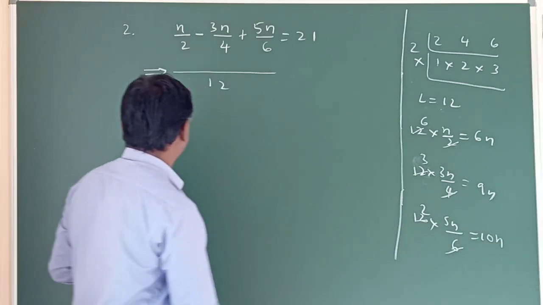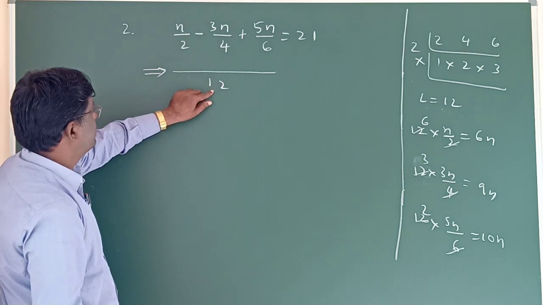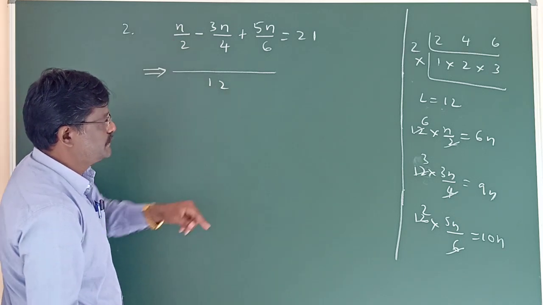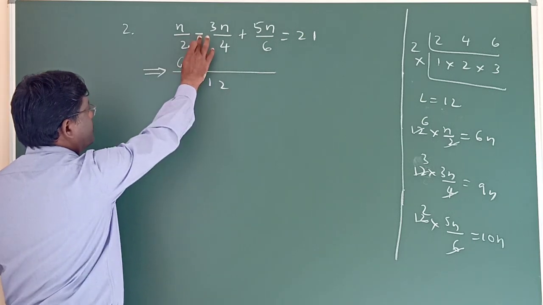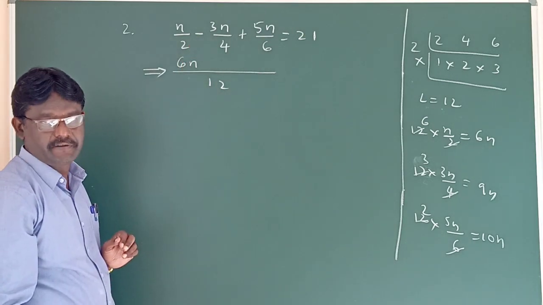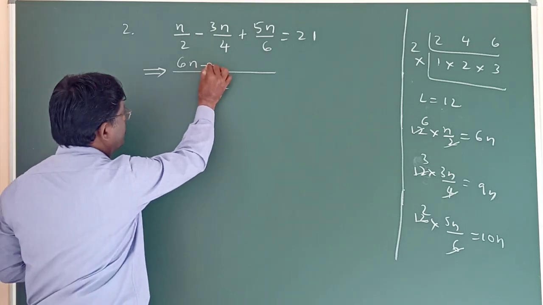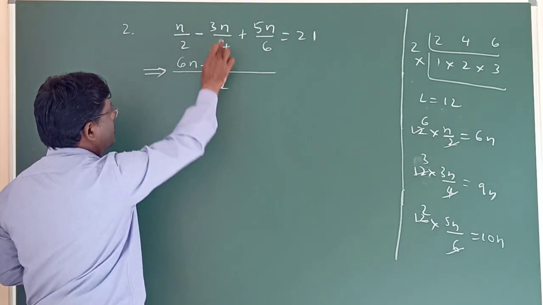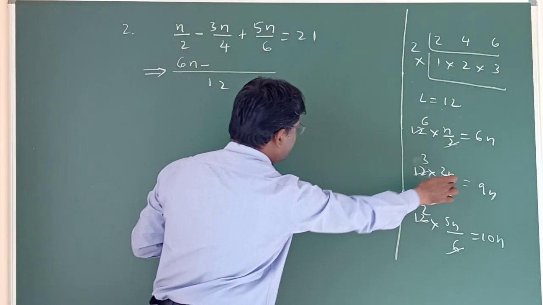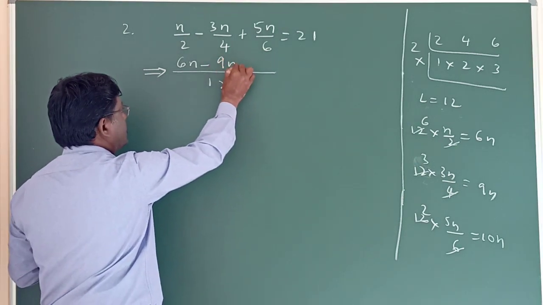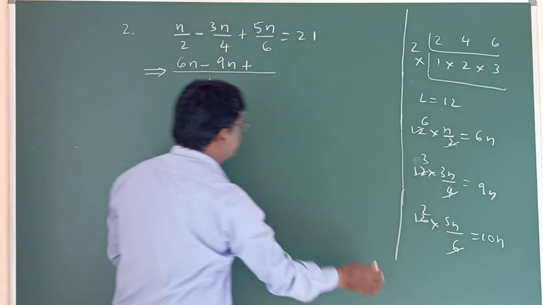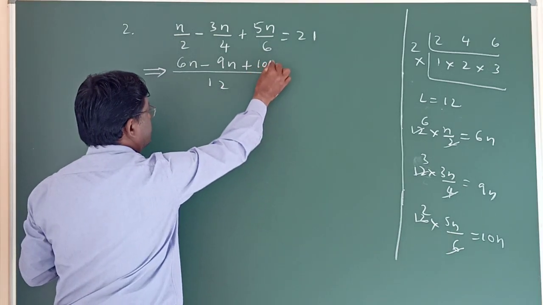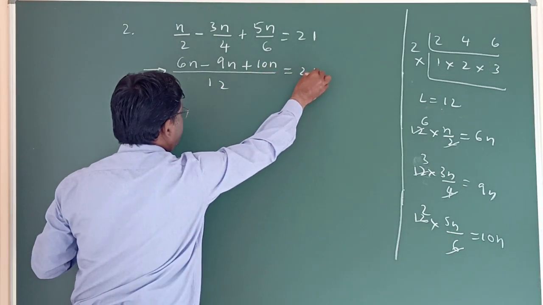Now this implies 12 into first fraction n by 2 gives what? 6n. Then what's the sign we have? Minus. That minus only we have to bring down. Next, 12 into second fraction, 9n, plus, because plus is there. 12 into third fraction, 10n, equal to 21.